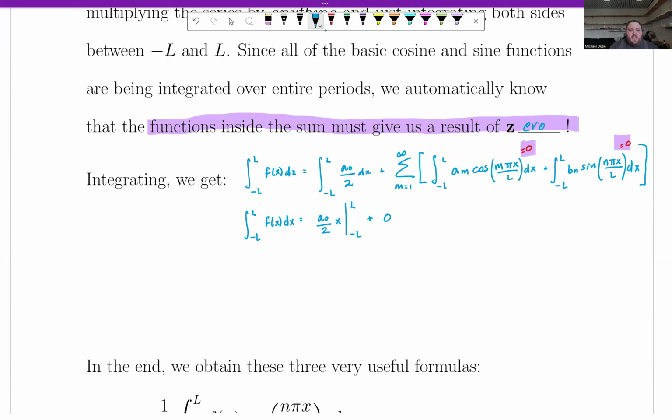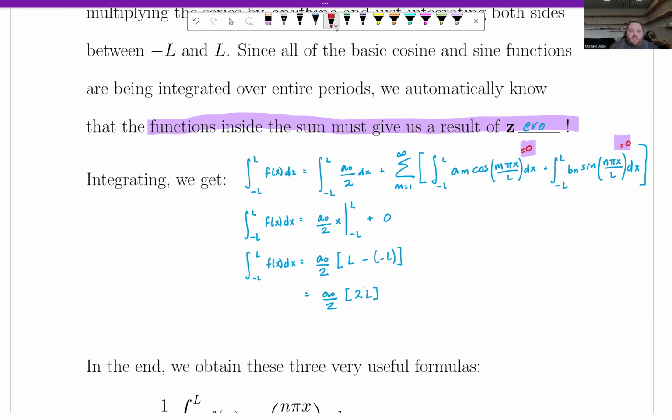Okay? And so that means we have the integral from negative L to L of f of x dx, and this equals a naught by 2 times top L minus bottom negative L. And so this equals a naught by 2 times 2L. These 2's will cancel out.